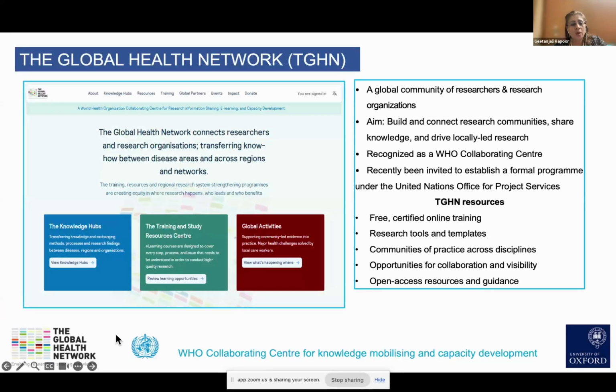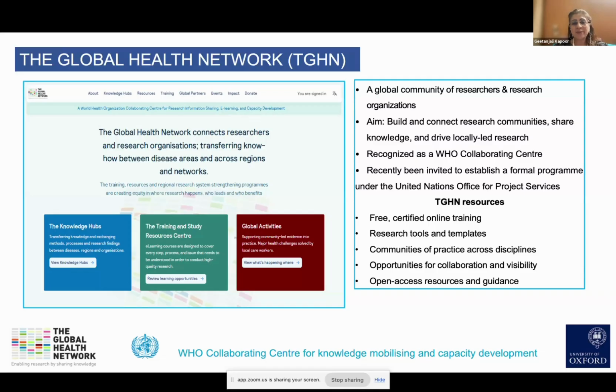Now, what is the Global Health Network? It's basically a global community of researchers and research organizations. The idea is to connect them so that there can be collaborations and knowledge can be shared, given and taken both, with the aim to reduce the inequities which exist today in research. We know about that.